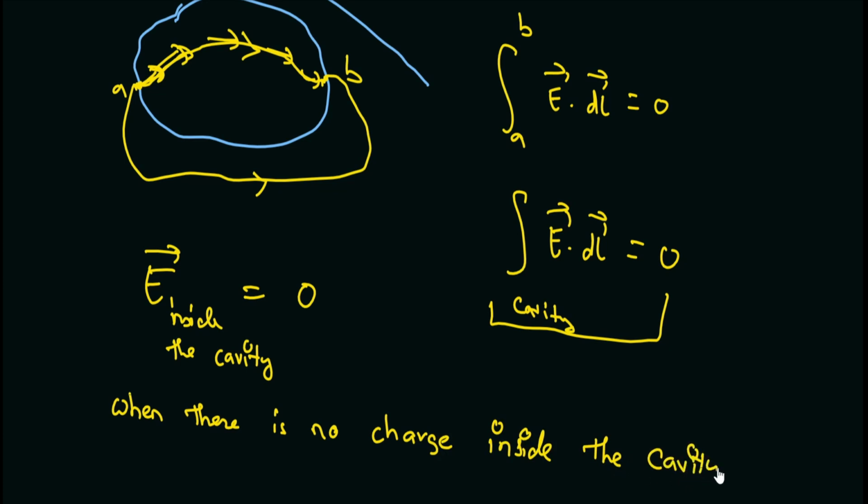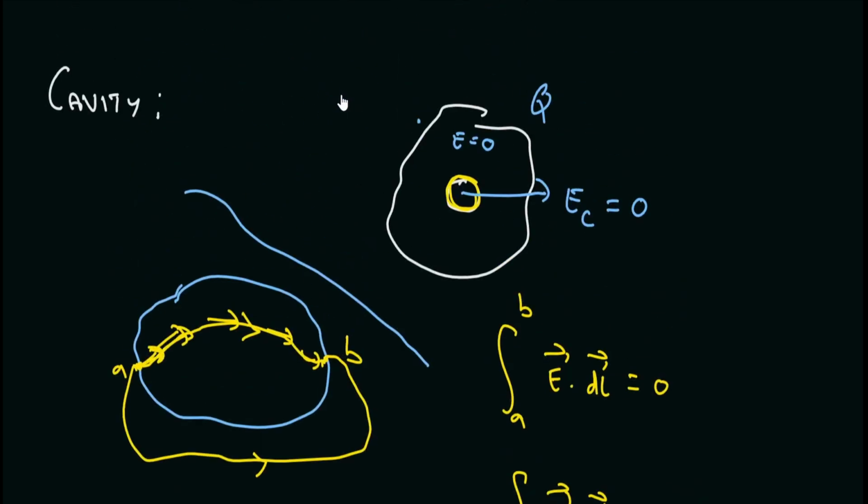This is very important. There must be no charge inside the cavity. Then and only then will the electric field inside the cavity be equal to 0. To be clear, there might be some other external charges, let's say Q external, that might lie around. The net effect of this external charge and the charge Q that we provide will be that the electric field inside the conductor and inside the cavity will be equal to 0.